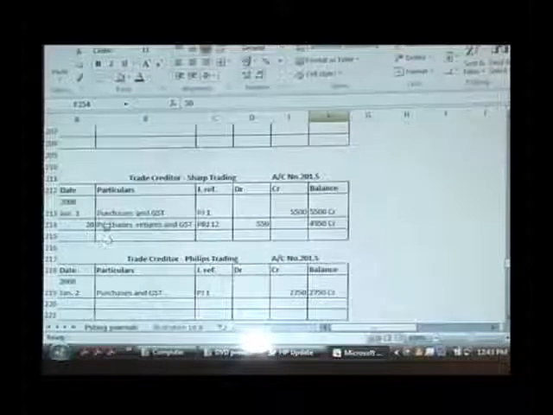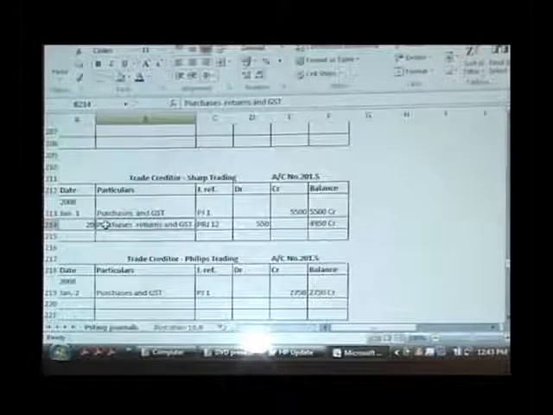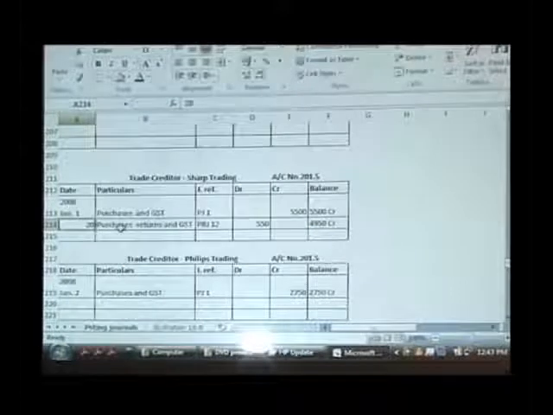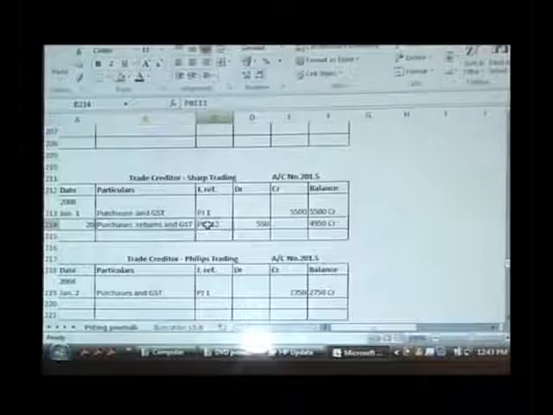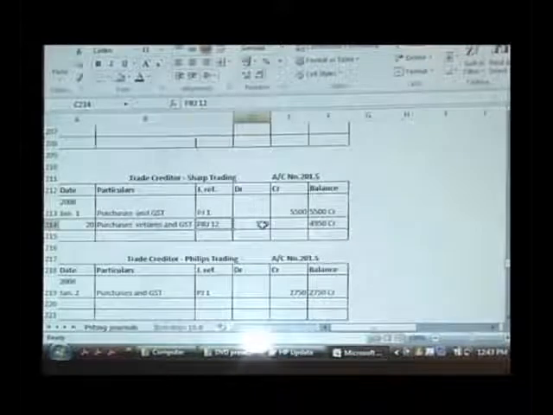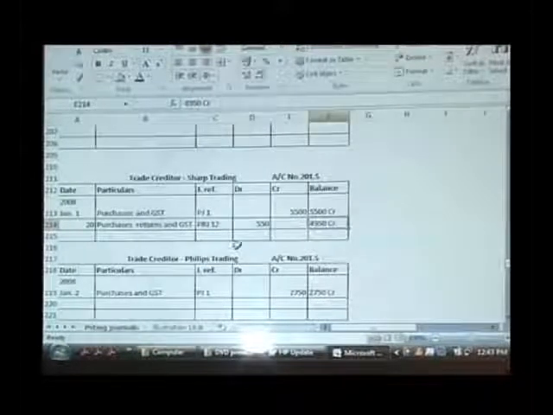Here the Sharp Trading account, date 20th, purchases returns and GST, purchases returns journal, page number 12, and amount is 550. Once it is debited, the final balance is 4,950.